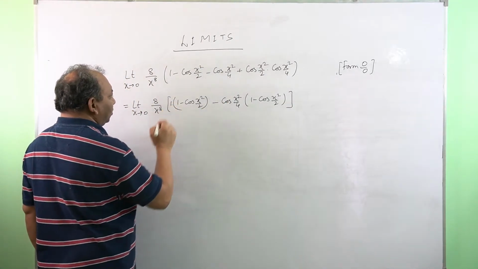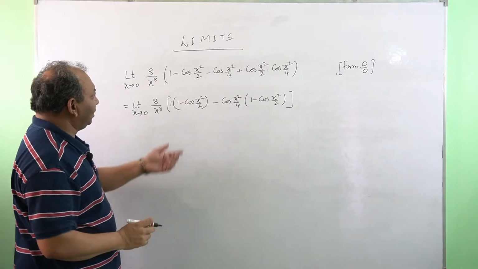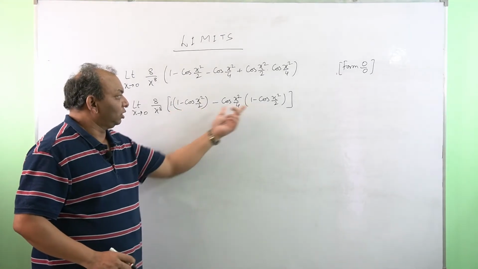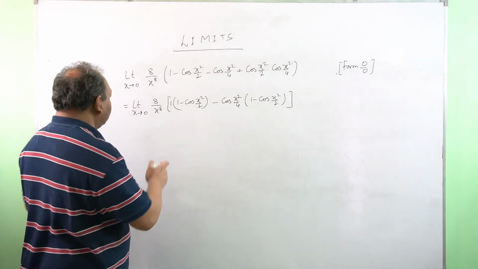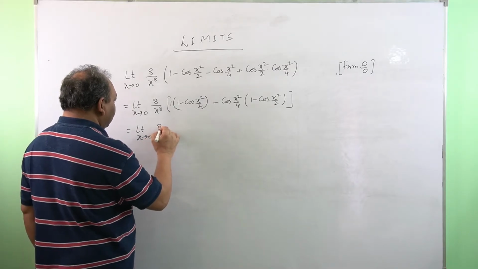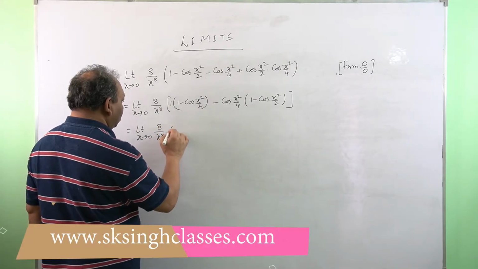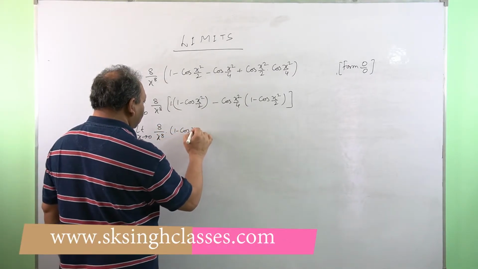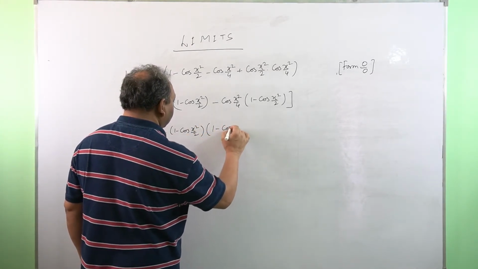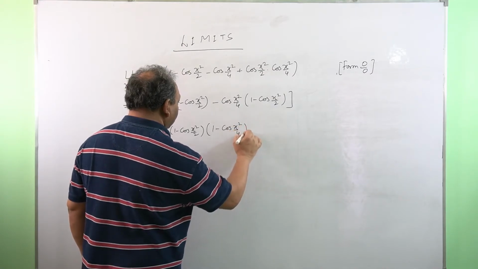Here is nothing but 1 in product. So we can take 1 minus cos x square by 2 common from these two terms. So limit x tends to 0, 8 upon x raised 8 into (1 minus cos x square by 2) multiplied by (1 minus cos x square by 4).